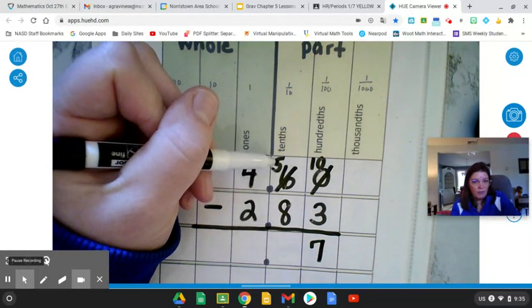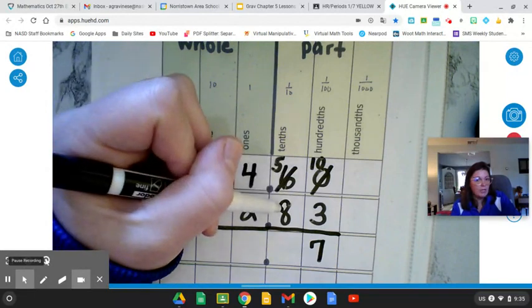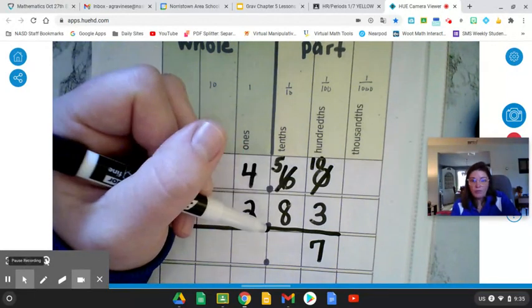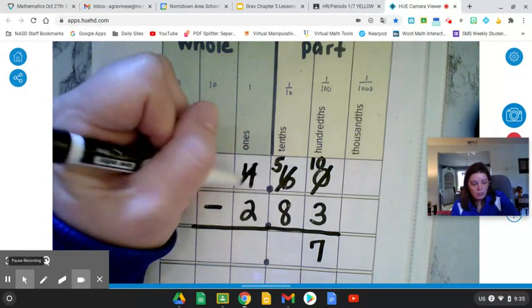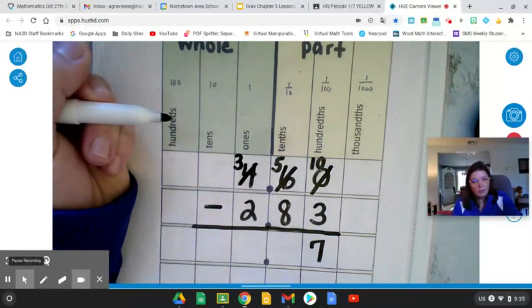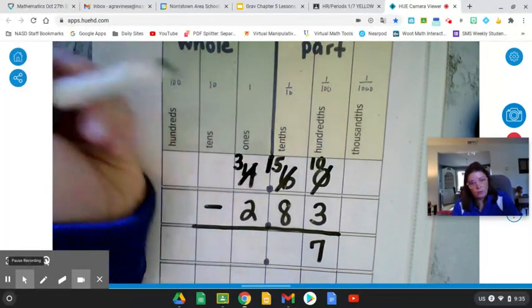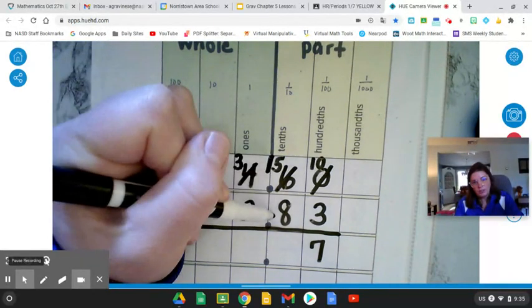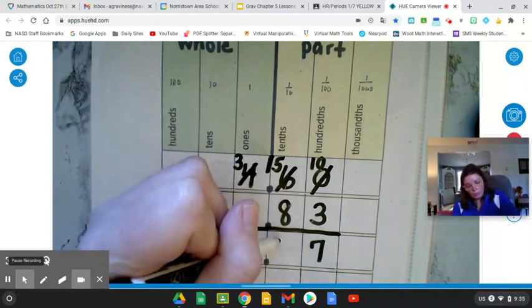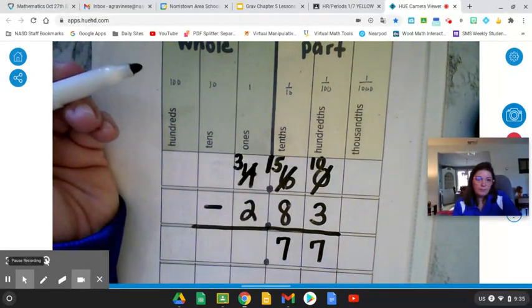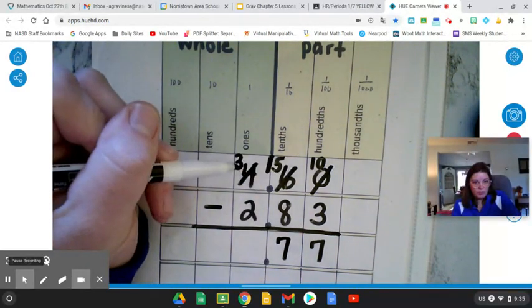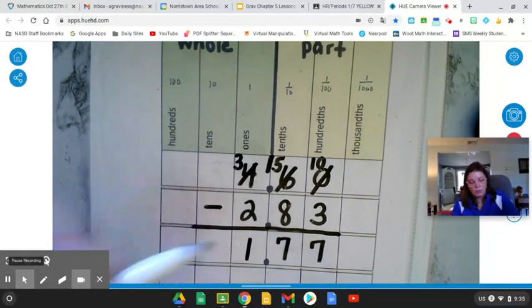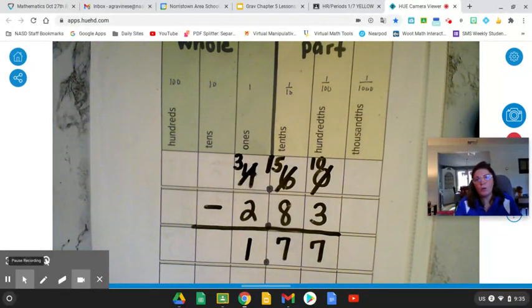We cannot have 5 tenths and take away 8, so we have to borrow again. Go to our next column and reduce it by 1, and then we add 10 over to that tenths column. So it's now 15 minus 8, which is 7. And then when we subtract our 1s, 3 minus 2 is 1. So we get 1 and 77 hundredths.